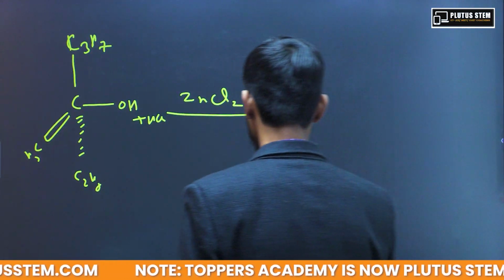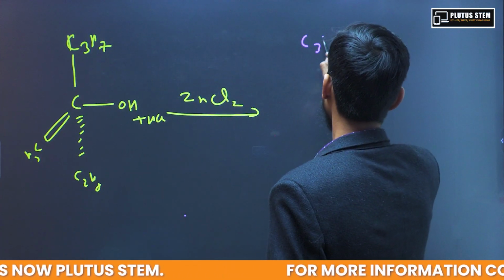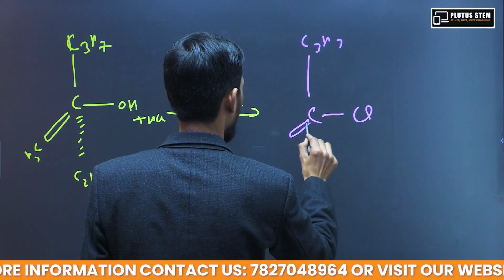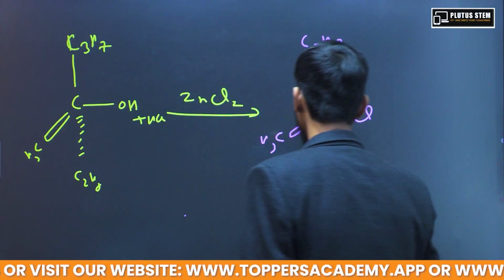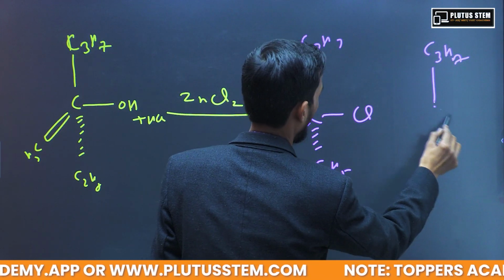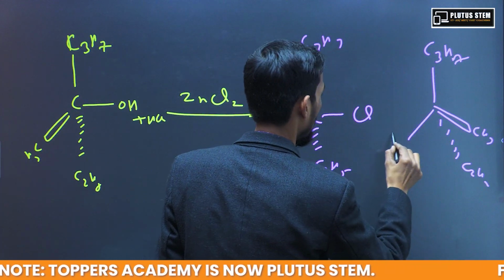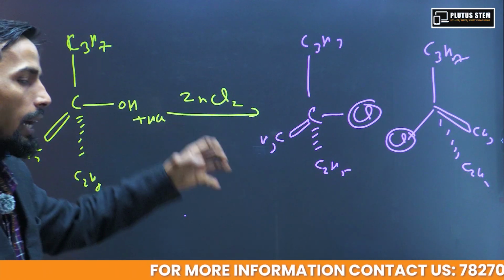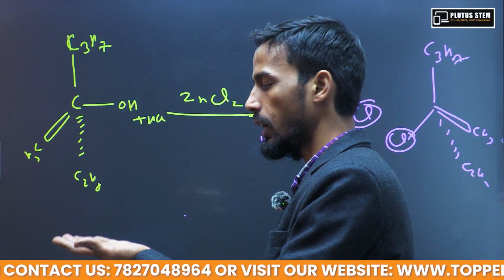One will be C3H7, C, Cl. One Cl will attack like this. C2H5 and CH3. Another will be like this, C3H7 single bond, CH3, C2H5 and Cl. So these two products, one from this side, another from the other side. These are the two possibilities due to the same plane of this carbocation.